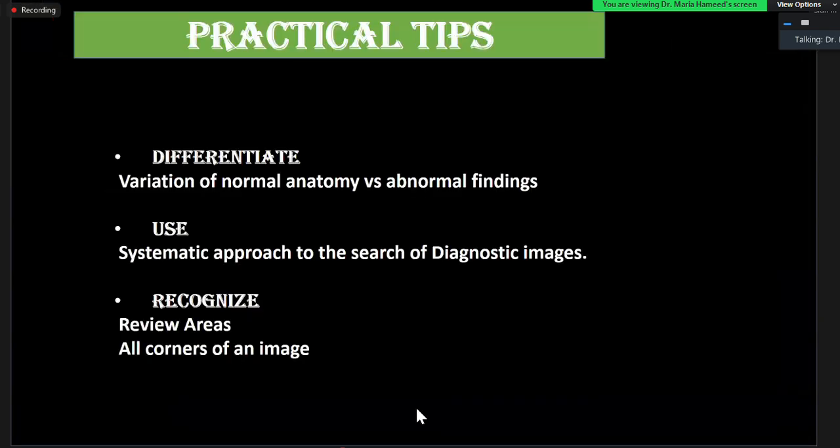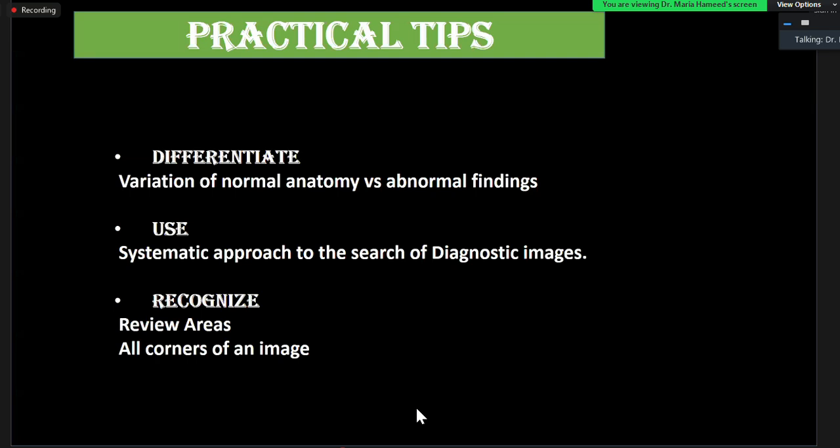So the final teaching points, I just emphasize the fact that you should be knowledgeable about the normal variants, because these are very challenging when dealing with children especially, and they are great mimickers of pathology, and all the time you can be confused if you are not aware of those.